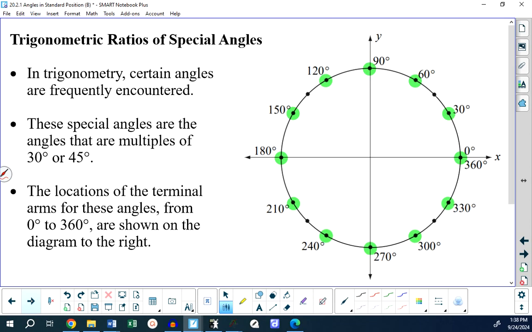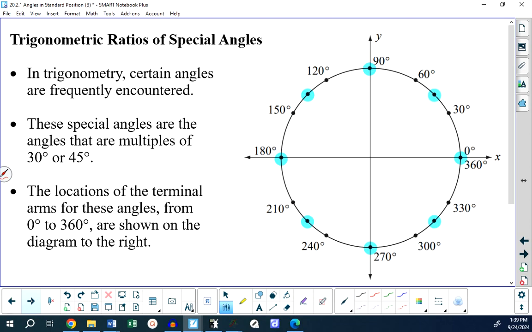Notice that when I do that, I hit all of the angles that are multiples of 60. 60, 120, 180, 240, 300, 360. All of these other angles are multiples of 45.